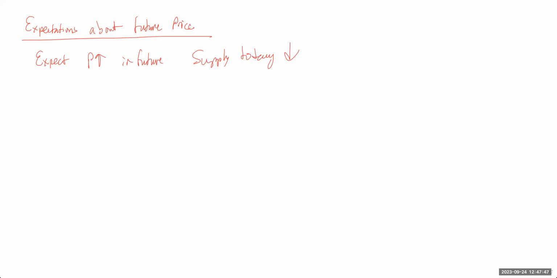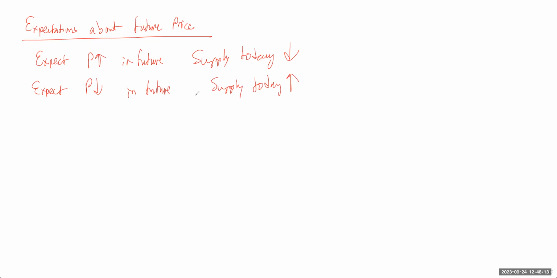At midnight, you reopen again at $1,000 a gallon. If we expect price to increase in the future, supply today will fall. Opposite day is true: expect price to fall in the future, supply today increases.